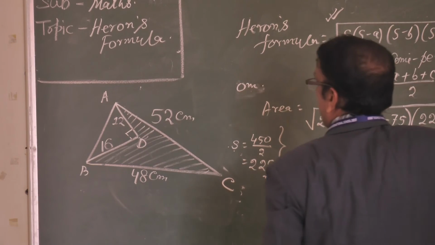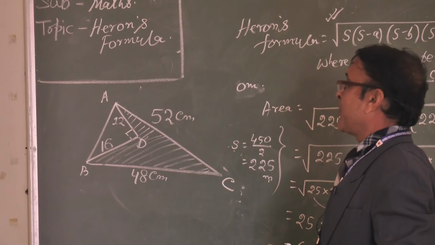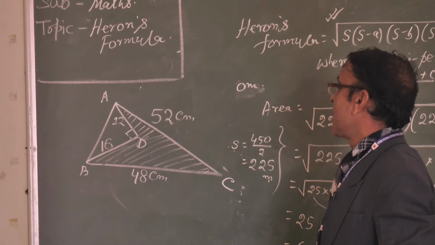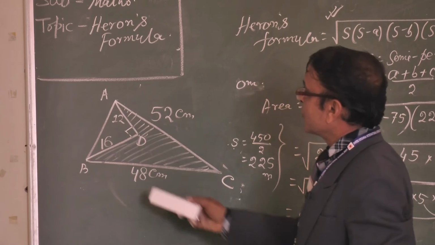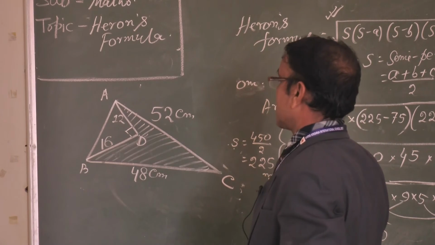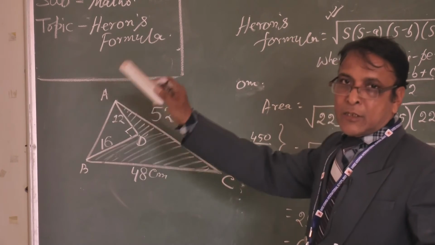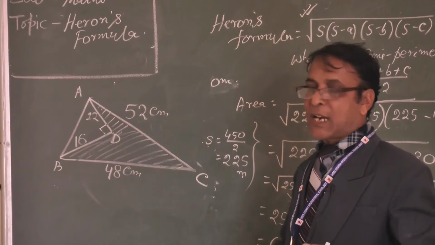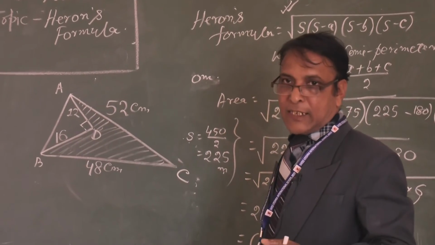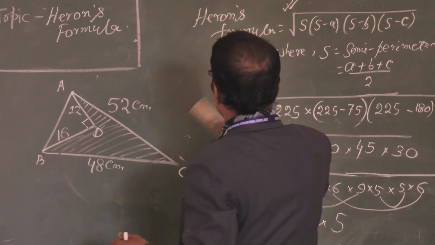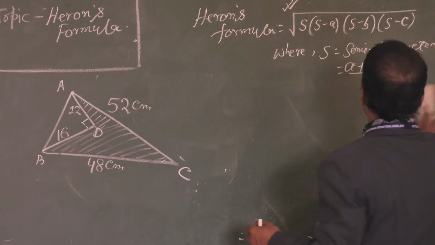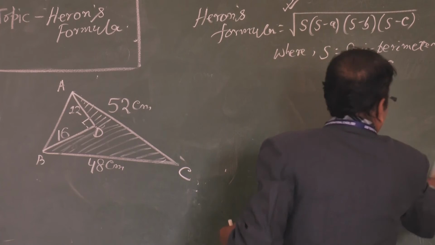Here, if we can find the total area and subtract this area, then we can get the shaded area. So first we have to get the total area by using Heron's formula.